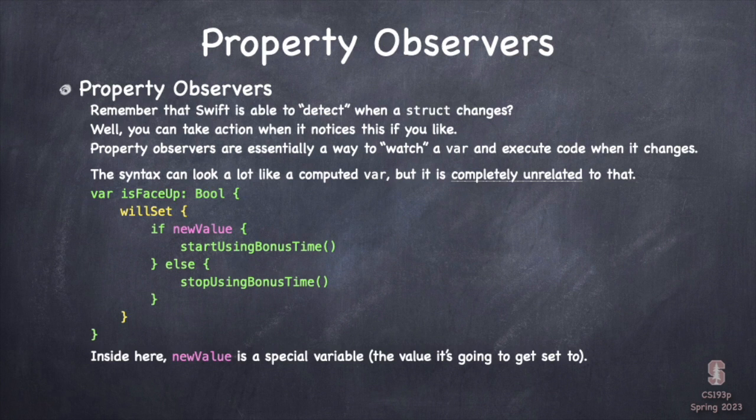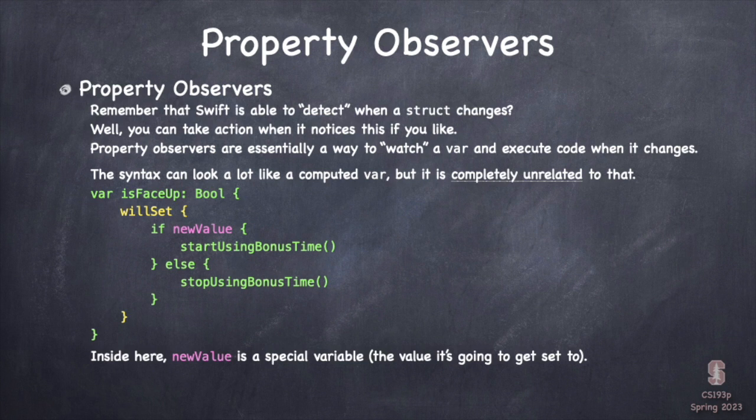Now, this particular example that I made here is for the pie. You know, we have the countdown pie that we built the shape of, and then we're going to animate it this week. Well, every time isFaceUp goes to true, I want to start using that pie's time. And every time it goes back face down, I want to stop using the pie. In other words, I don't want the pie to be ticking down when the card's face down.